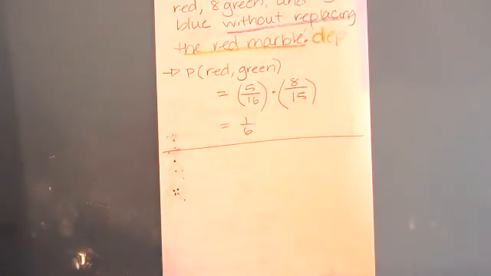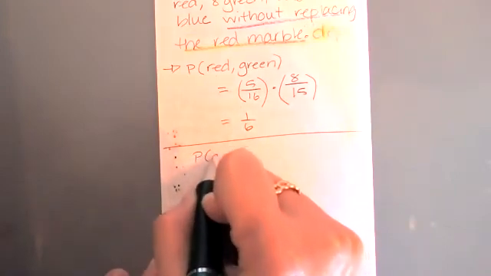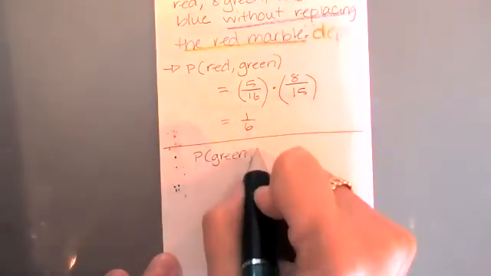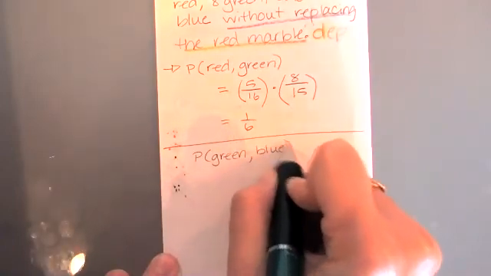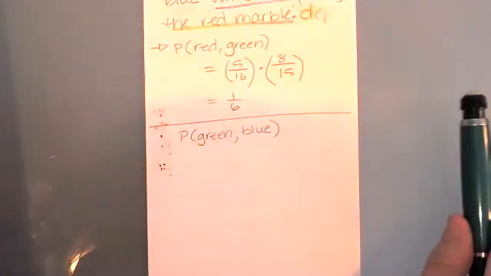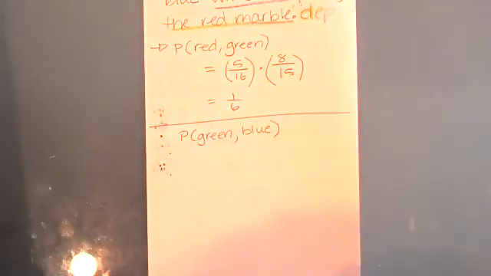Okay. Same bunch of marbles. Let's say we have to find the probability of drawing a green and then a blue. Now, do you want to try it on your own or should we do this one together? Try it on our own.